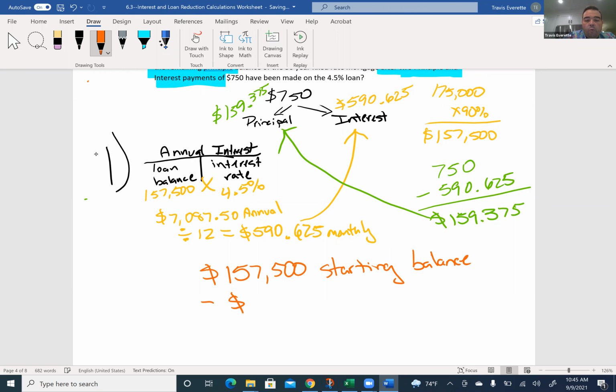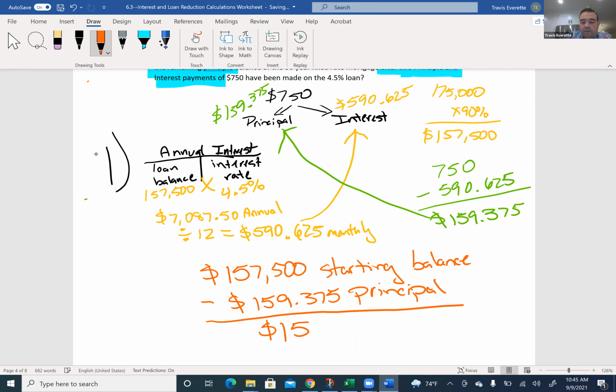Minus the $159.37 or 38 cents that's going toward principal in that first monthly payment. And that leaves us with a balance of $157,340 and about 62 or 63 cents. And that's after one payment.